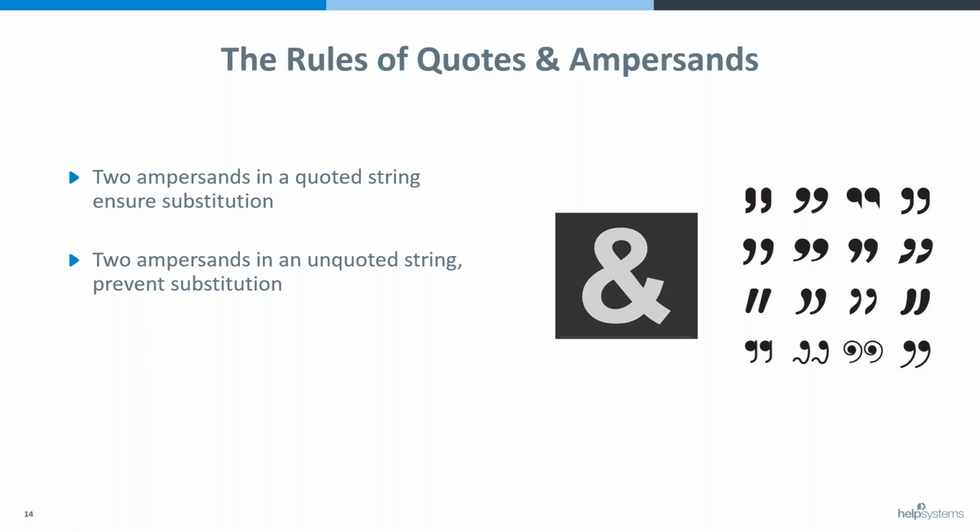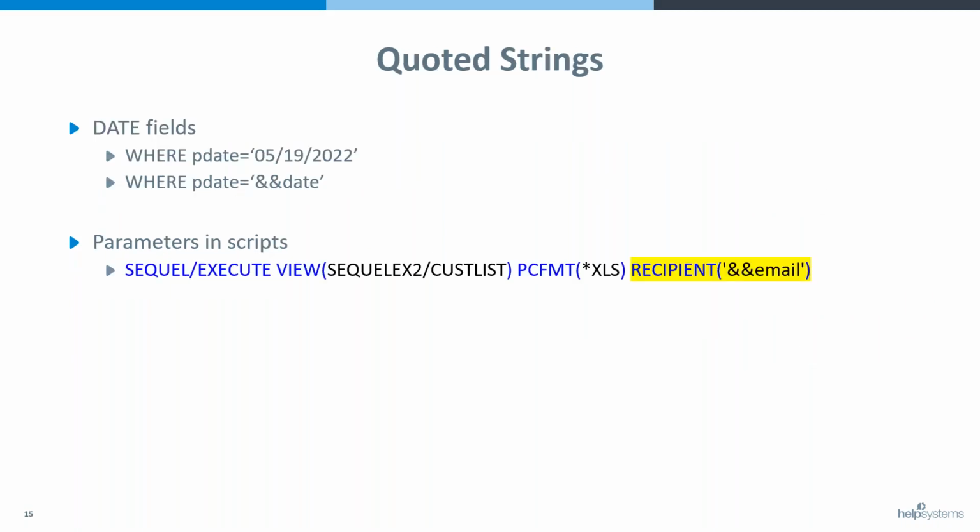The other thing to keep in mind is sometimes we use 2 ampersands to prevent substitution. The most common use of the double ampersand inside of a quoted string is if you're comparing a variable to a date data type field. If you are doing a date data type constant, like I have here, where P date equals today's date, May 19th, that date has to have slashes or dashes in it.